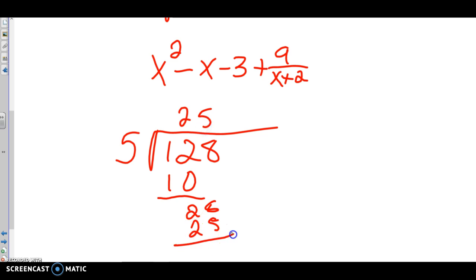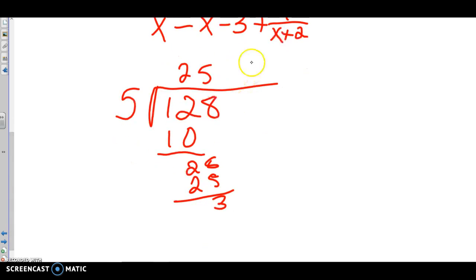Multiply. Subtract. Instead of writing R3 or going to a decimal, I can take that remainder and put it over what I'm dividing by. So the answer is 25 3/5. You've probably been taught to take it out to a decimal, and 3/5 is 0.6.